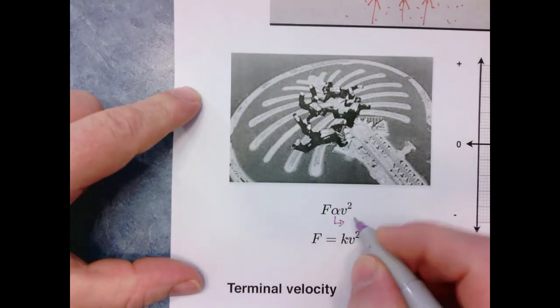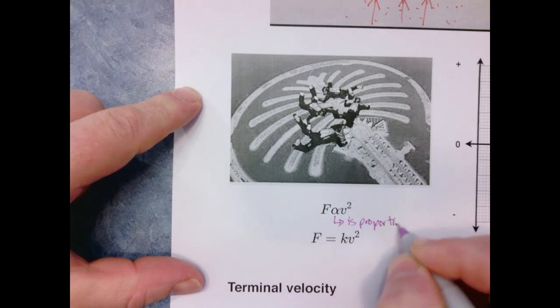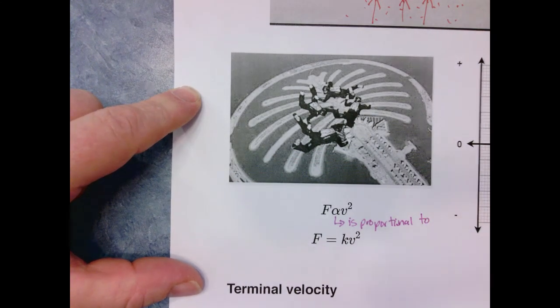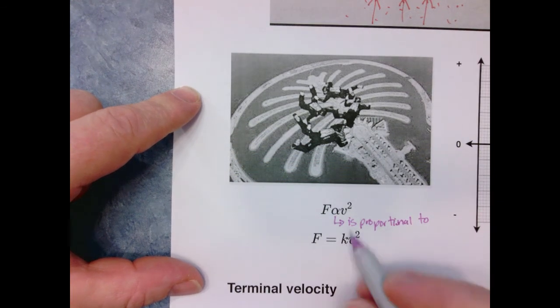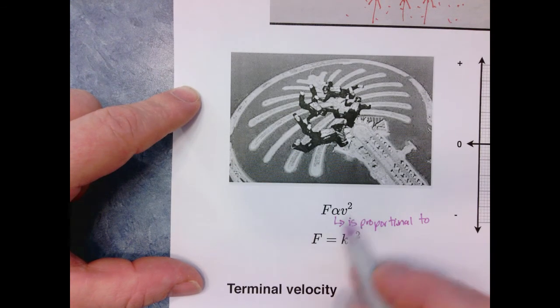This alpha means is proportional to. Another way of saying there is a constant of proportionality. So saying force is proportional to v squared is the same thing as saying F equals kv squared, where k is the constant of proportionality.